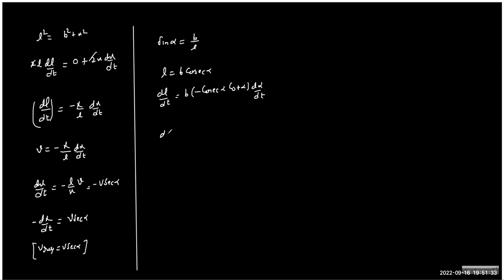So d alpha by dt turns out to be how much? Minus dL by dt upon b cosec alpha into cot alpha. And the minus dL by dt we can write as v. Okay, the L will decrease. Yeah, that's fine. So L is decreasing only, and minus dL by dt is v.